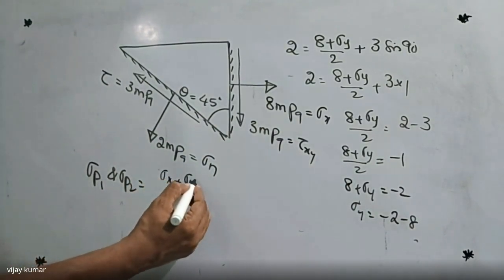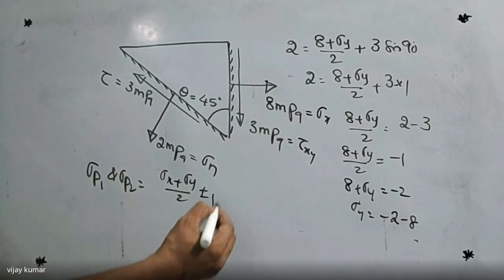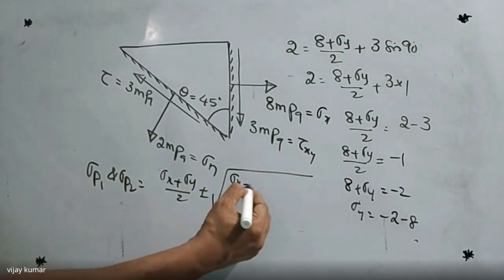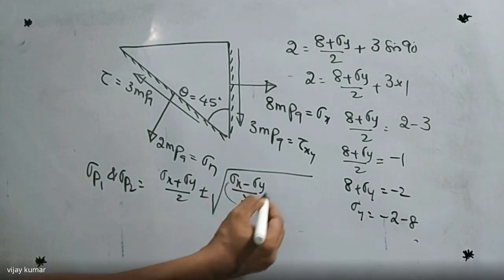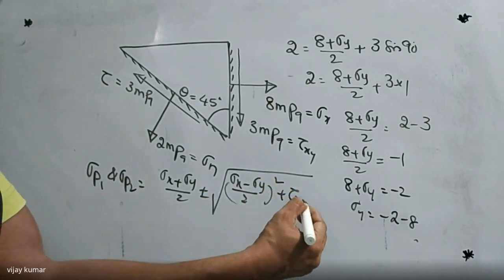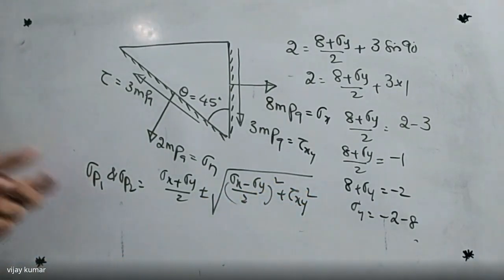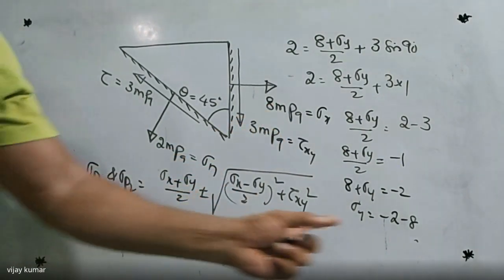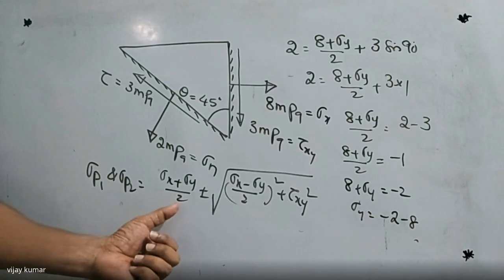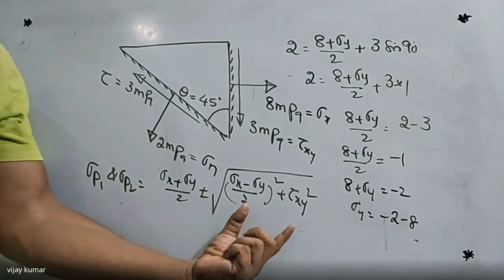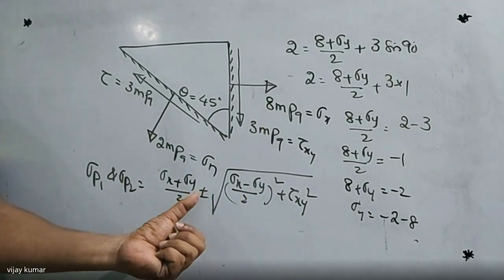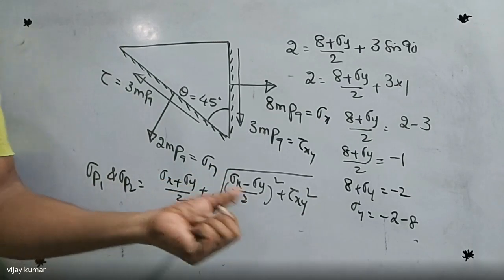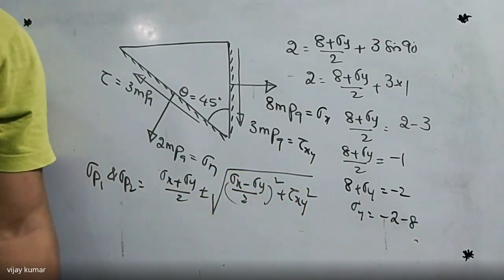(Sigma x plus sigma y) by 2 plus or minus square root of ((sigma x minus sigma y) by 2) whole squared plus tau xy whole squared. So substitute all the values here. Sigma x is 8 megapascals, sigma y is minus 10 megapascals. Divide by 2 plus or minus, substitute those values. Take the positive value, we get the maximum principal stress. Take the negative value, we get the minimum principal stress.